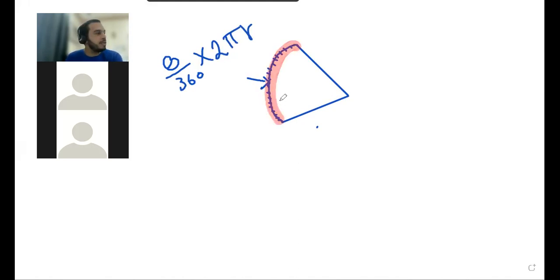But if he asks me to calculate the perimeter, then you need to add 2r. Why 2r, teacher? Because I need to calculate also those. خلاص شباب you got it.